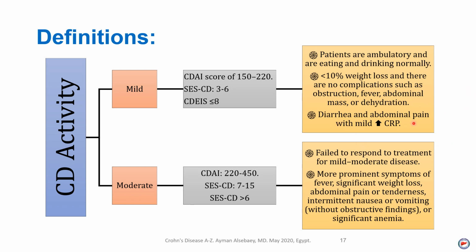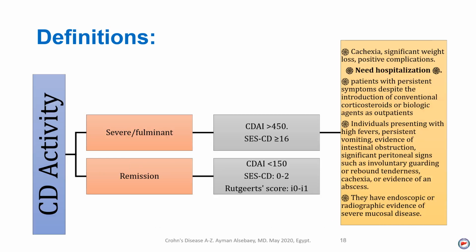Maybe there is mild diarrhea and abdominal pain with a trivial increase of the CRP. In moderate cases, there are patients who failed to respond to treatment. Another item: more prominent symptoms like fever, significant weight loss, abdominal pain, tenderness, intermittent nausea, vomiting, and without obstructing findings or significant anemia.